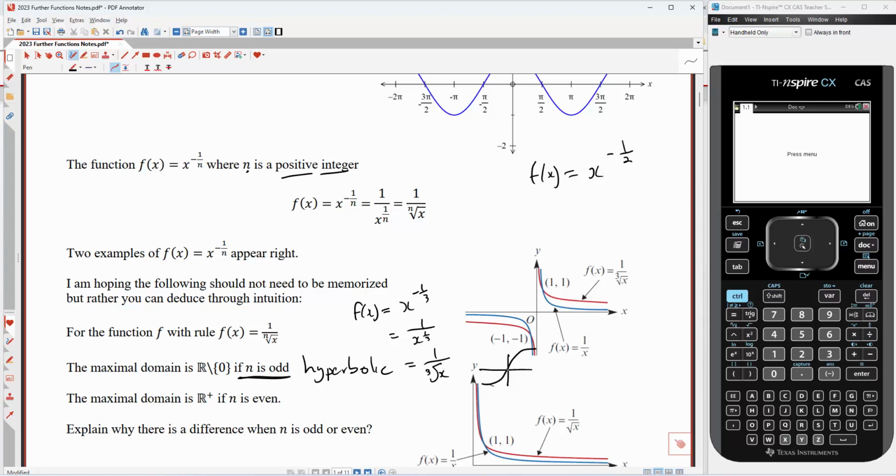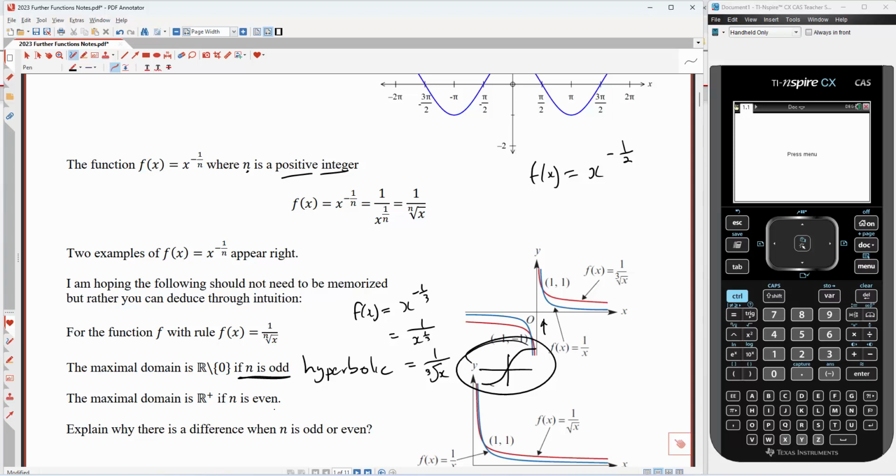What's going to happen here is that 1 divided by 0 is undefined. Then we've got small values getting bigger and bigger. So 1 over a small value is really big, and 1 over a big value is really small. So when you do 1 over this graph here, it results in this hyperbola style graph.